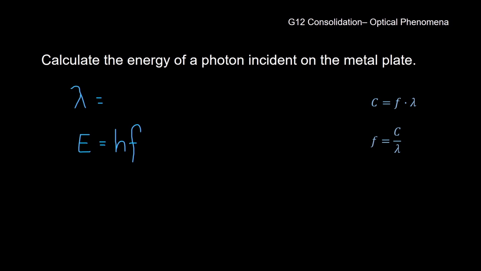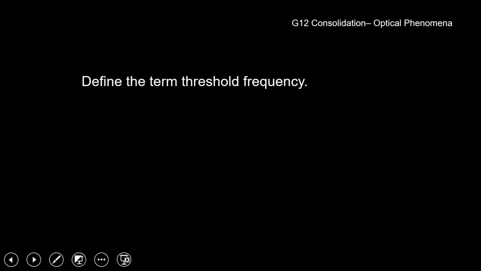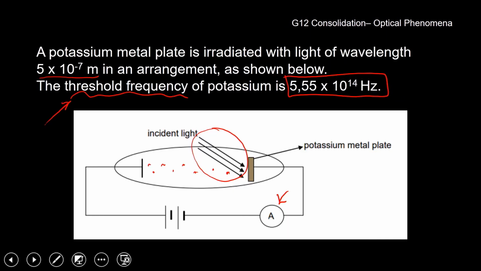That's interesting. So here's our photon. We have to calculate the amount of energy that it is carrying. We know that we have been given the wavelength. Let's check the question again. Where's our wavelength? The wavelength has been given to us as 5 times 10 to the minus 7 meters.